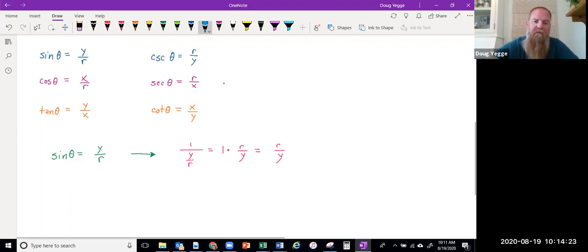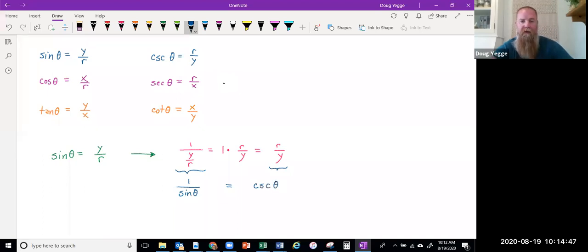Well, the reason this is important is because it demonstrates now that this quantity is really 1 over sine of theta. And what we've just proven using algebra is that 1 over sine theta is actually equal to the value of cosecant of theta. And what we have just derived is one of 6 reciprocal identities.